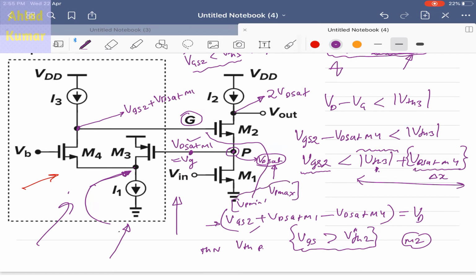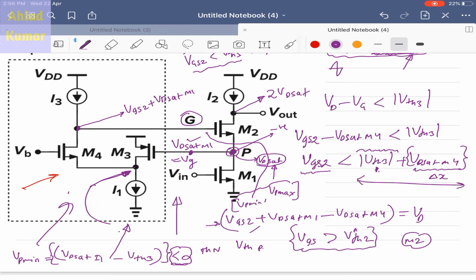And please note that the VP min that I had calculated earlier, you can see in the earlier part of this video, was VD sat of I1 minus V threshold of 3. So you can see clearly here that this term is negative. So even if this point P goes negative, still everything will work.